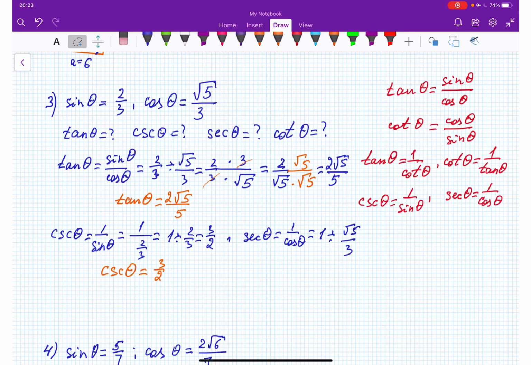Much better. Okay, so this is equal to 1 times 3 over square root of 5. Yes?